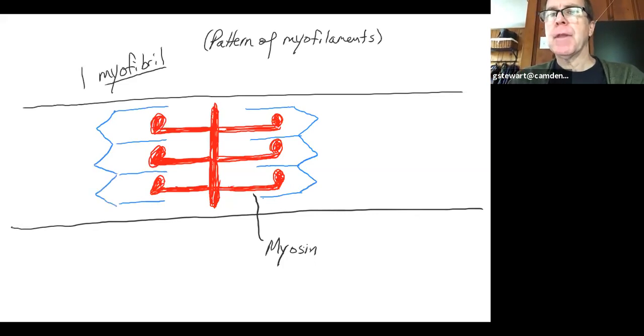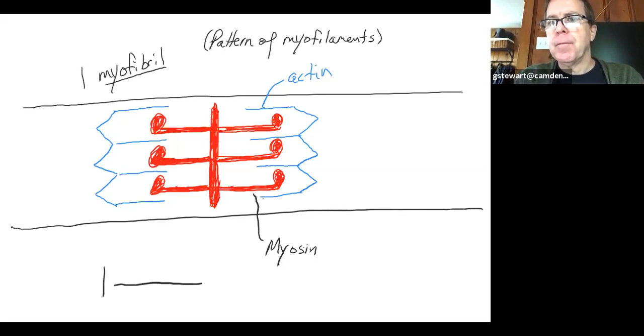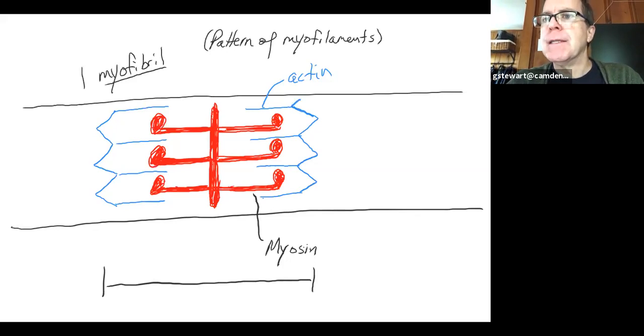And now I'll label these thin strands. That's actually an actin molecule, the thin filament. And this pattern, what I've drawn here, so from here to here, this blue thing right here is called the Z disc.